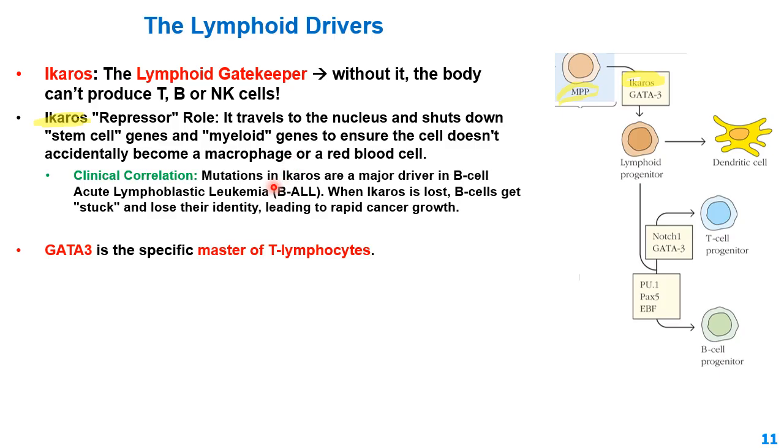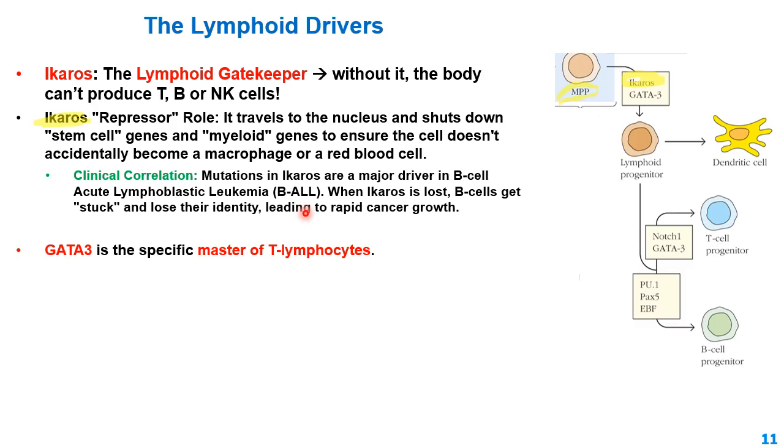So in this case, what happens is that you get B cells that cannot further develop in the bone marrow. So they get stuck in this primary stage of differentiation, but they cannot really become B cells. Okay, so these B cells get stuck, and because they keep on dividing and keep on getting stuck in this stage, this is how you get the development of that type of blood cancer.